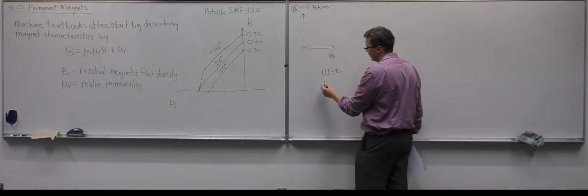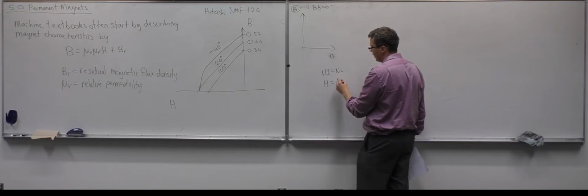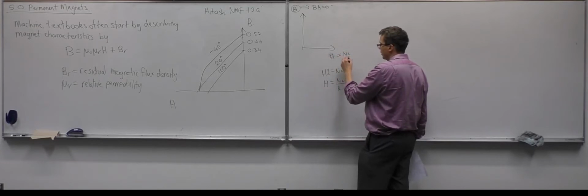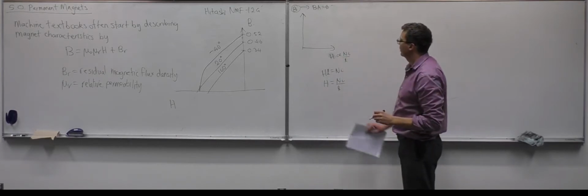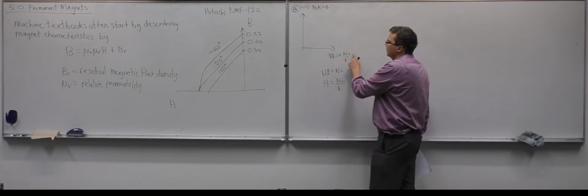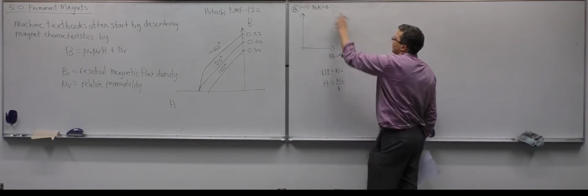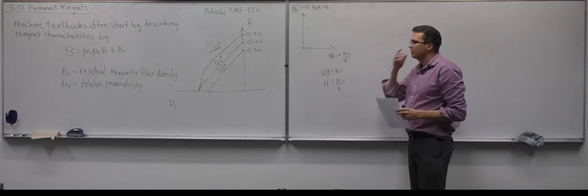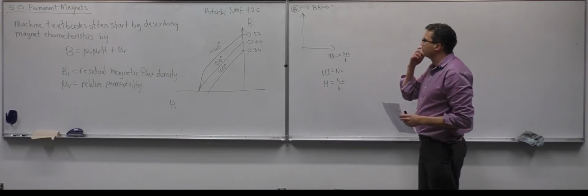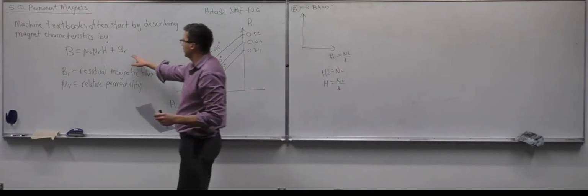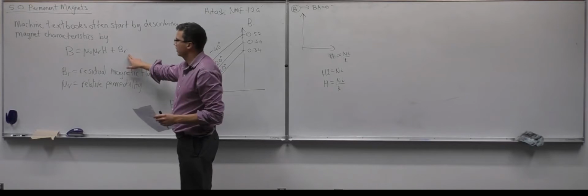So you can think of H as being related to Ni over the length of the magnetic circuit, so H is proportional to some current, and B is related to flux. But this is a bit simplistic now, because you could have magnets involved too. But this is often written in electromagnetic machine books.